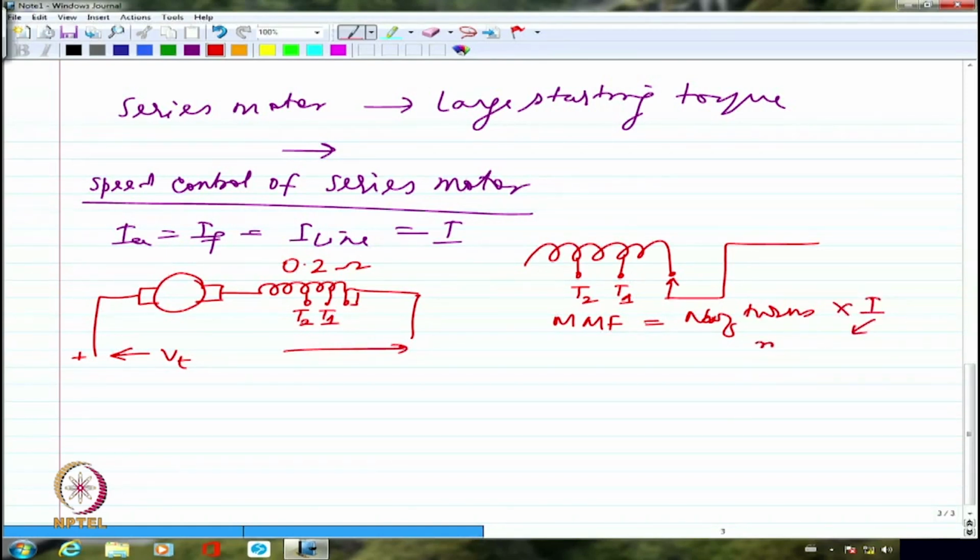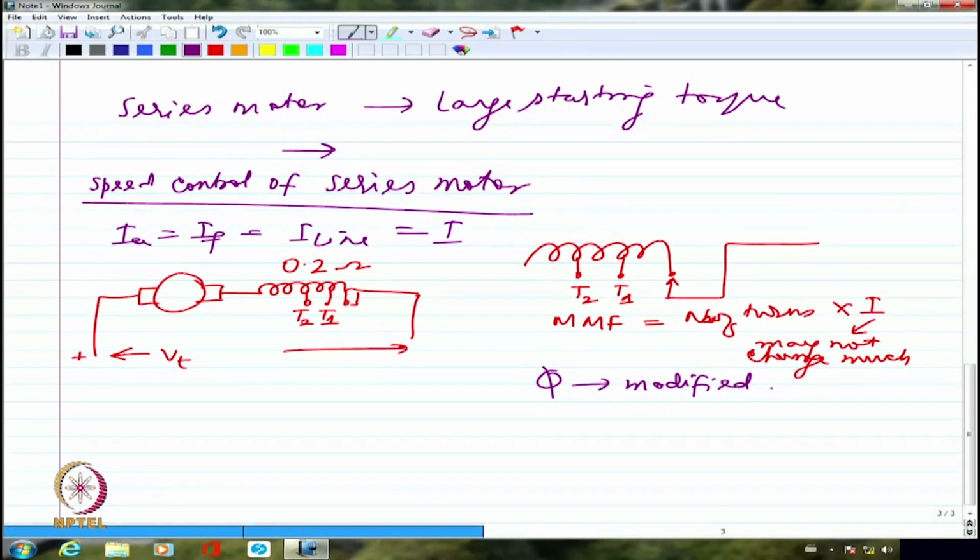This may not change much. Because of which I am looking at the flux getting modified. MMF is modified, the flux will also be modified. So if the number of turns is decreased, the flux will decrease.